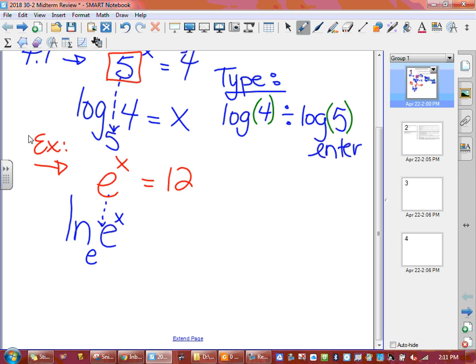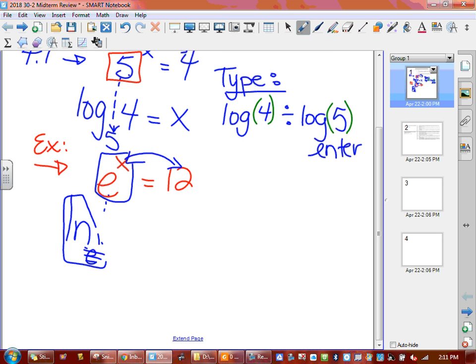Now, why is it E exponent x? It's because the word ln automatically has a base E right there. So this is just dropping down. So what you're getting is the x and the 12 have to switch places. Again, just like the 4 and the x above. So we're going to have ln, the base E. Like I said, though, the E can hide.